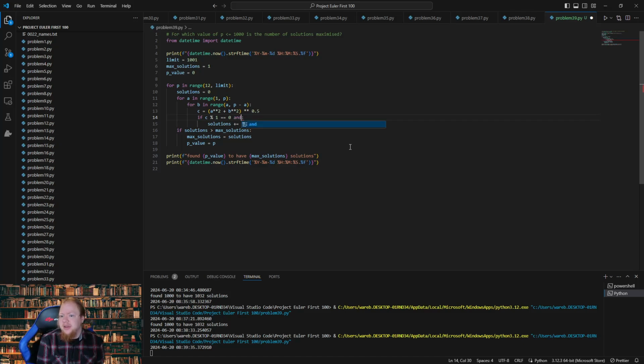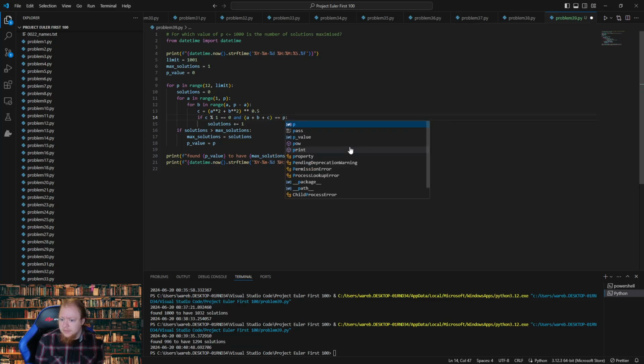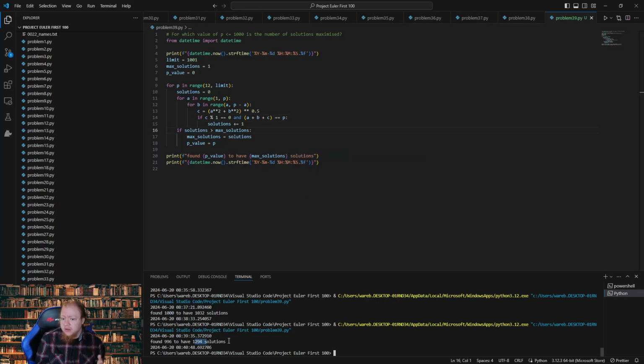And actually, okay, so we got a different solution that time, so that's a good sign that we're heading in the right direction. I just added this check because why not?